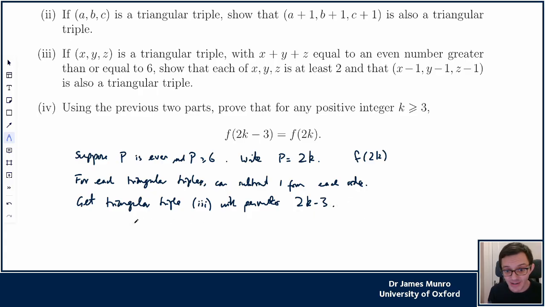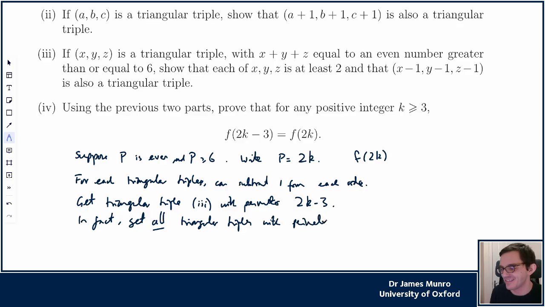But in fact, we get all of the triangular triples with perimeter 2k minus 3 like this.